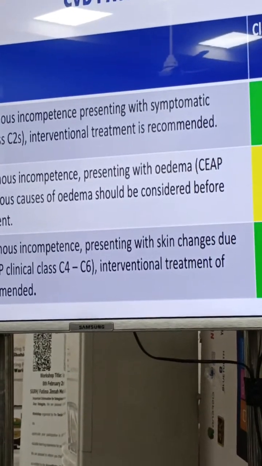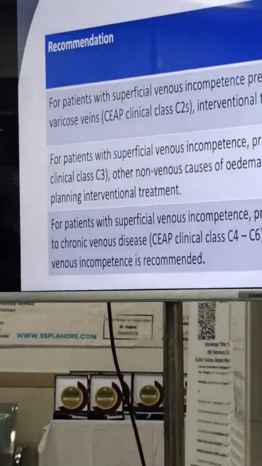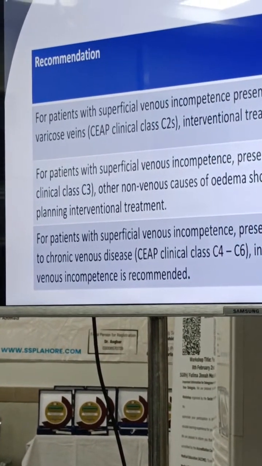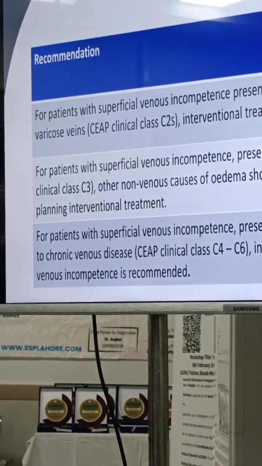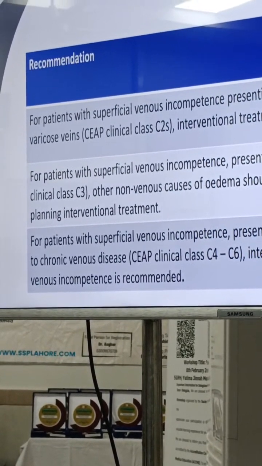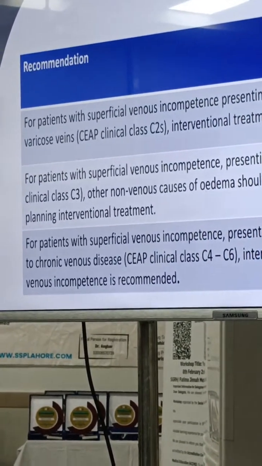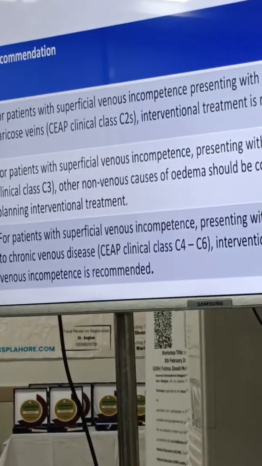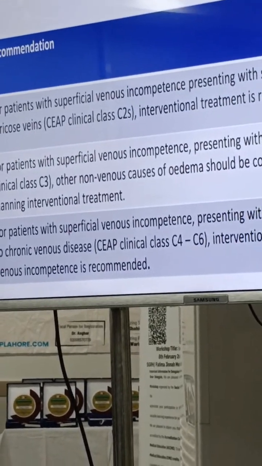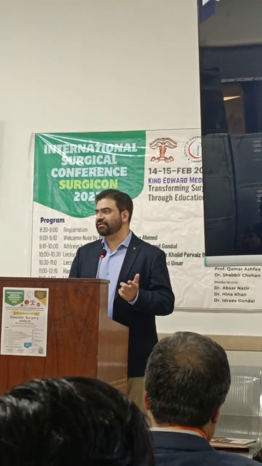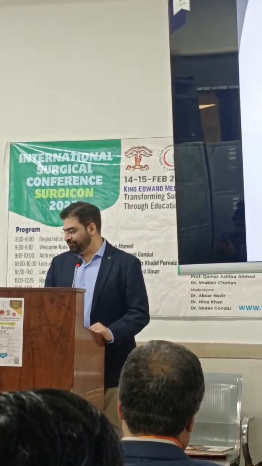Only in C3 disease, where there is edema, you first have to probe for other causes of edema and rule them out. Once they are settled and the edema turns out to be venous, then you will treat that patient as well.